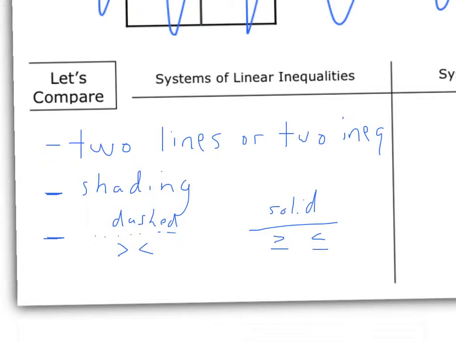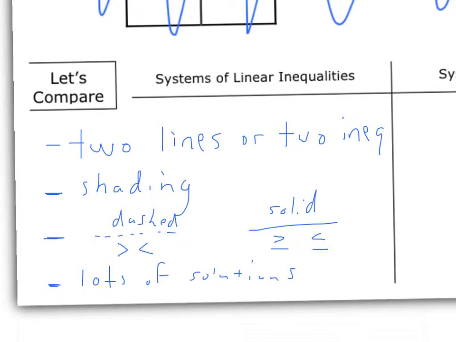Last thing about inequalities is you're going to have lots of solutions. The solutions are the area where the inequality has been shaded twice, or overlapped. Those are the 4 things that you can recognize in a system of linear inequalities.